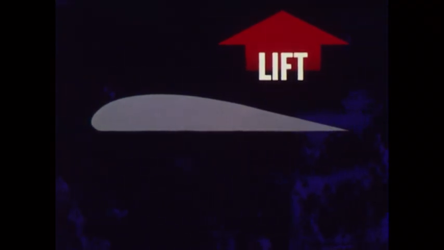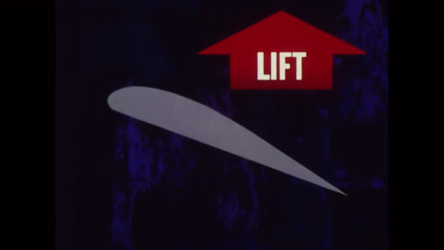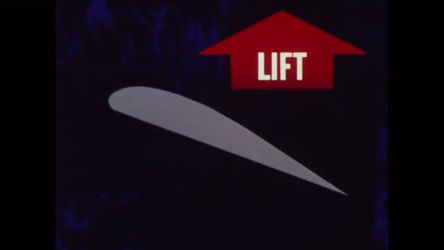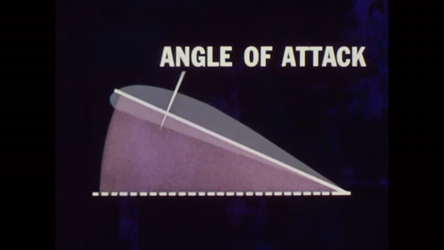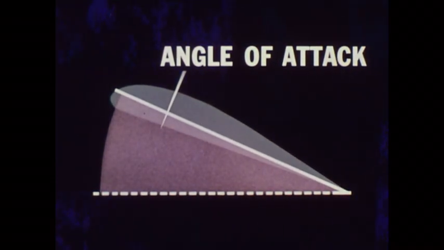Up to a certain point, lift is increased when the wing is tilted slightly upwards. This tilt is called the angle of attack. In flight, some of the air striking the underside of the tilted wing is turned back, around the front, and over the top of the wing in a long curving path.